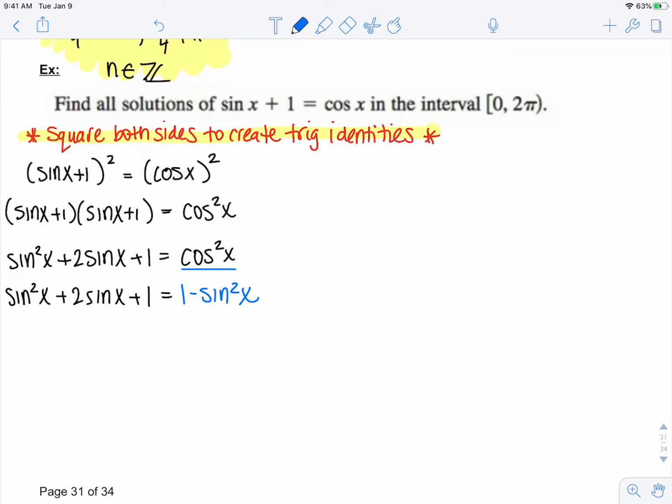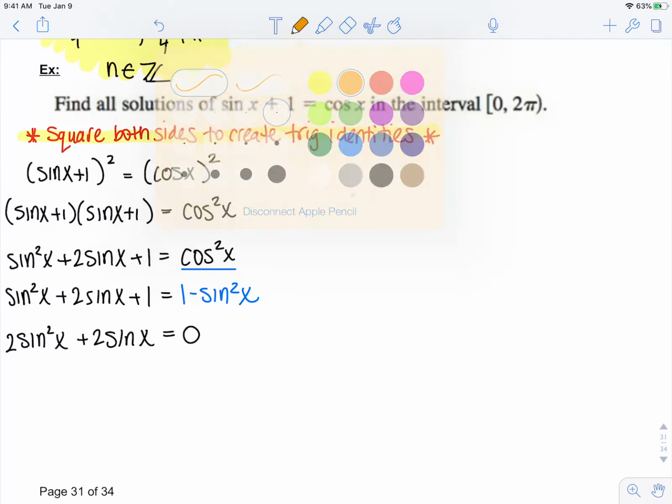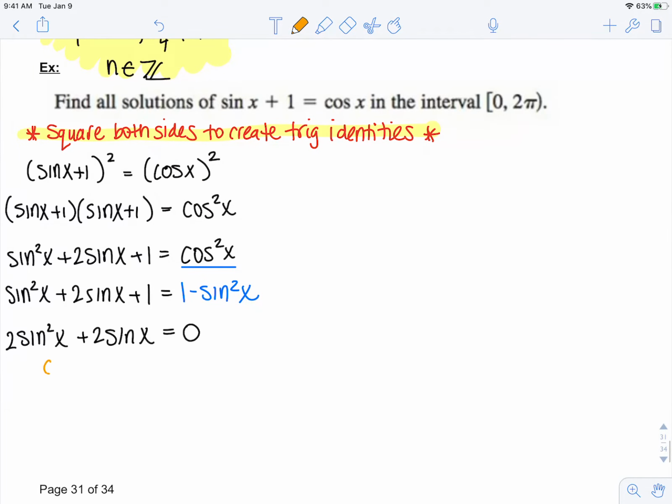So I'm going to get my right side equal to 0 by adding sine squared x and subtracting 1. So I have 2 sine squared x plus 2 sine x equals 0. So now I see my GCF on this side is 2 sine x.